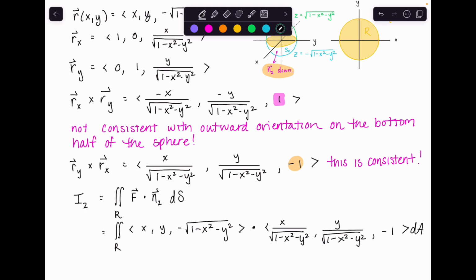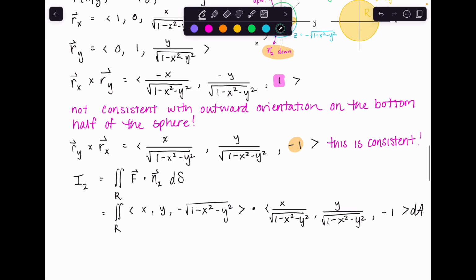Okay. So realistically, it looks almost identical to the last one. The only difference is these are both negative, but that will make it positive, and really this ends up being exactly the same integral, because the inside becomes x squared over the square root of 1 minus x squared minus y squared plus y squared over the same thing.